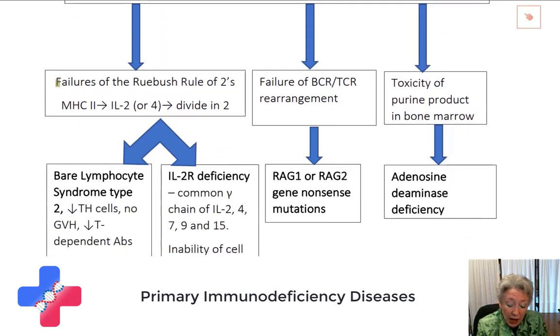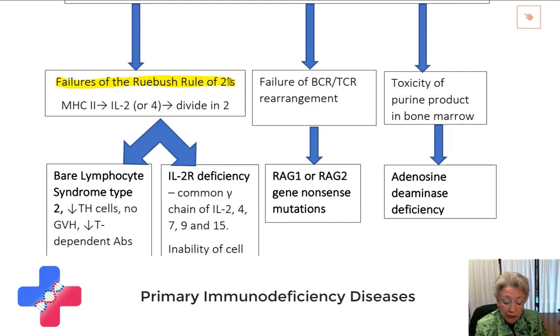Now, I always try to tell students that there's a silly memory tool for this that I call the Roubush rule of twos. And those of you who haven't studied with me before haven't heard this.